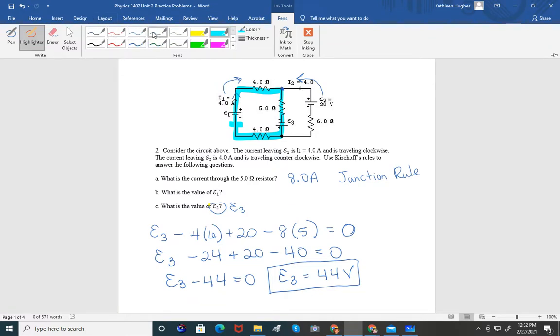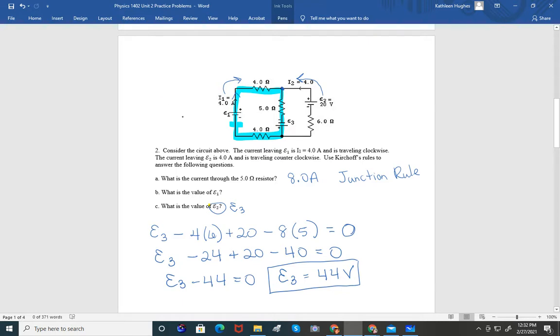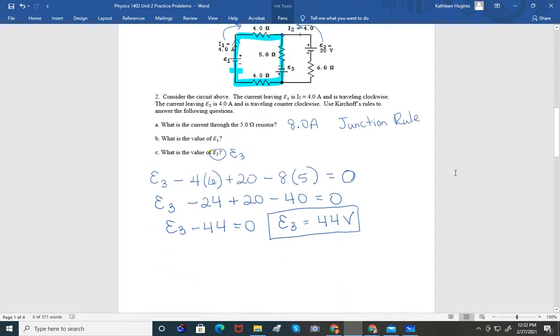Anytime my loop goes against the current, then my batteries will be drops and my resistors will be gains. Instead of losing potential through resistors, you're gaining through resistors.